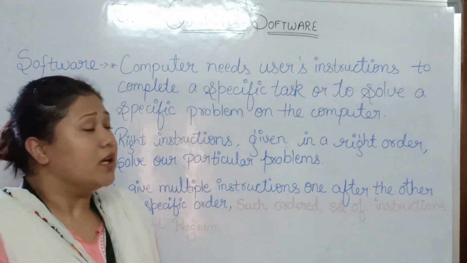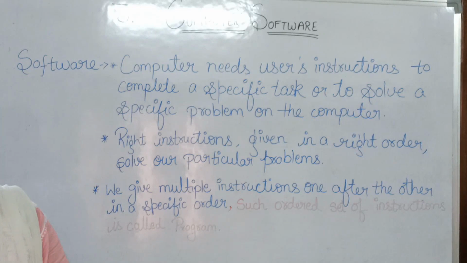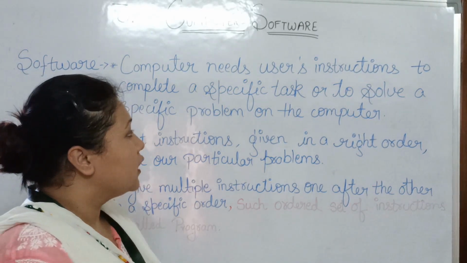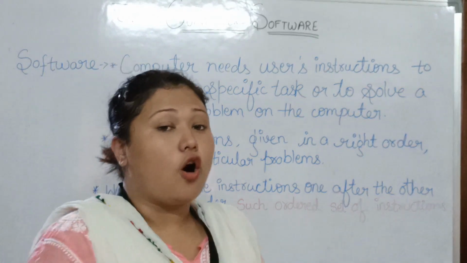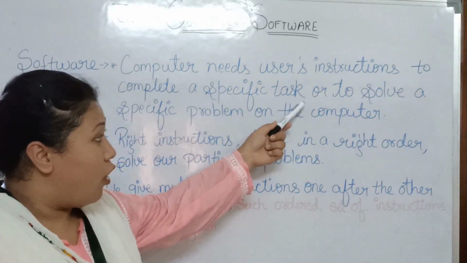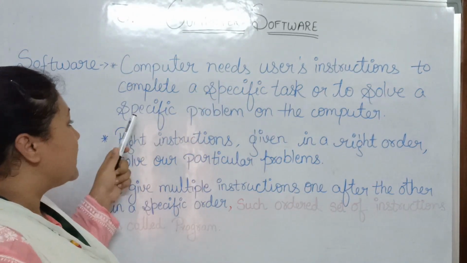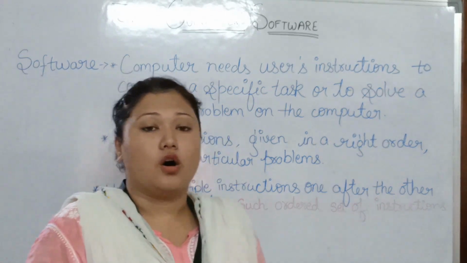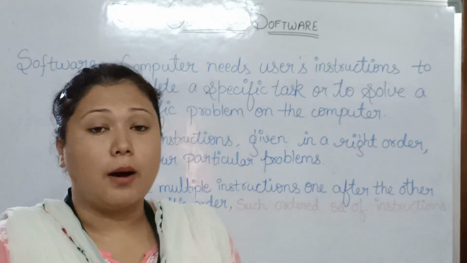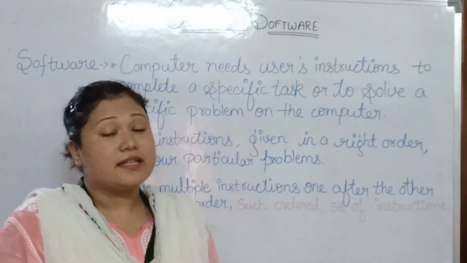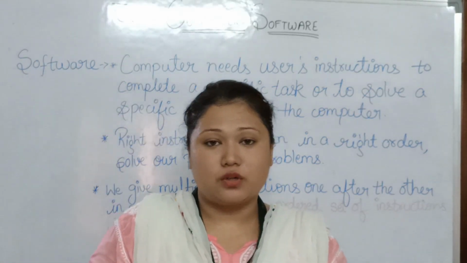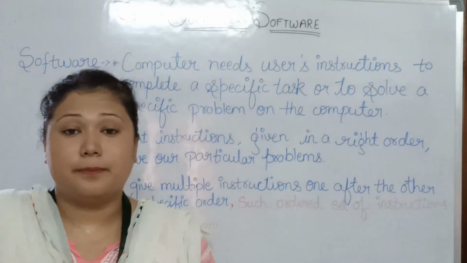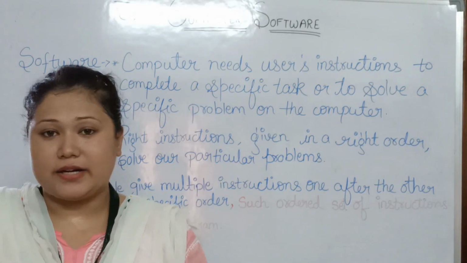Software. A computer needs the user's instructions to complete a specific kind of task or to solve a specific problem on the computer. Computer needs an instruction, which means whenever we use a computer we use it for some purpose, to complete our task.